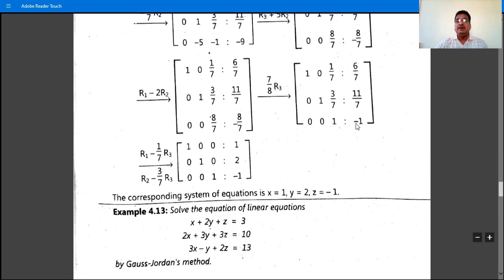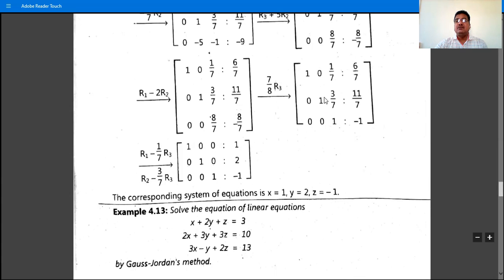Minus 1 by 7 into minus 1 is plus 1 by 7, plus 1, plus 1 by 7 is, I think, 8 by 7. Yeah, right, 8 by 7. It is not 6 by 7. And then R2 minus 3 by 7 R3.